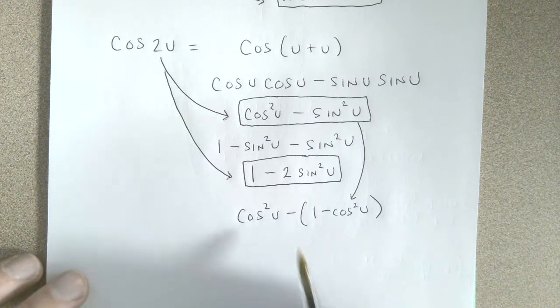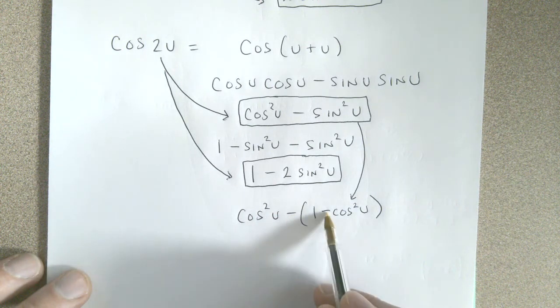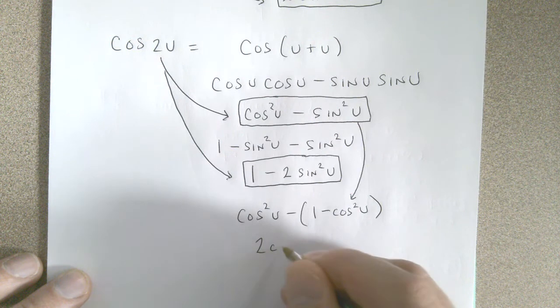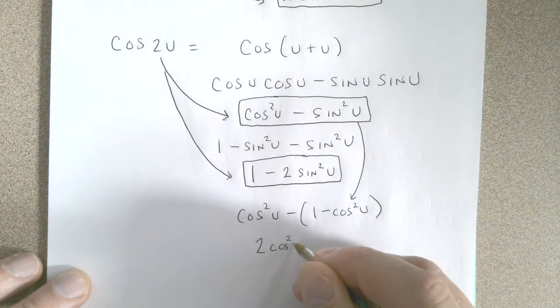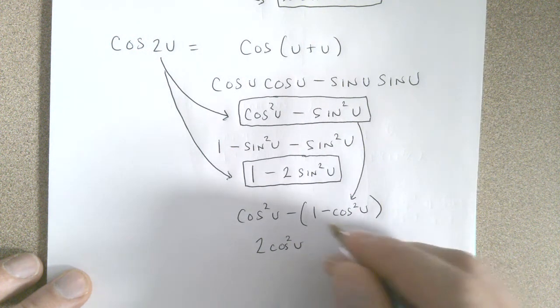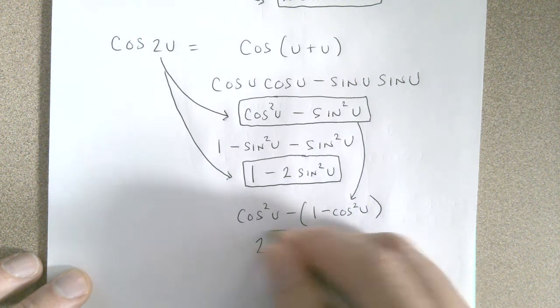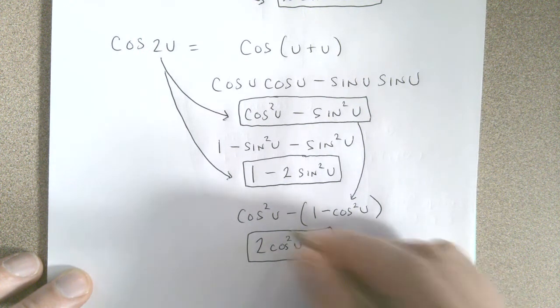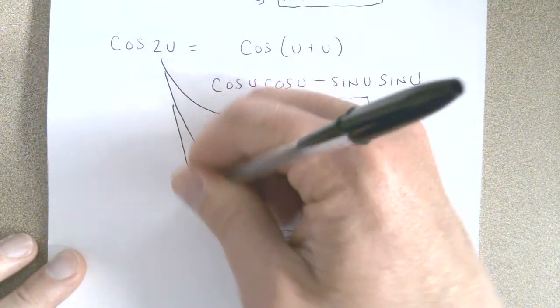If you put that all together, cosine squared minus the negative cosine gives us 2 cosine squared u minus 1. And that's the third way to write that one.